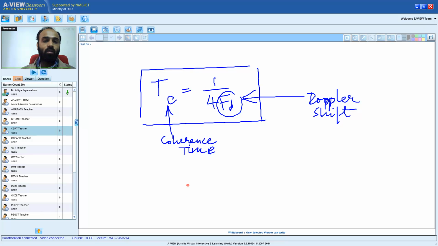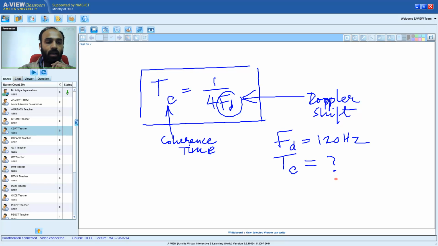Okay, so Tc is the coherence time, Fd is the Doppler shift. Can you tell me, for instance, we calculated the Fd value previously, we said Fd is equal to 120 Hertz. What is the coherence time Tc?